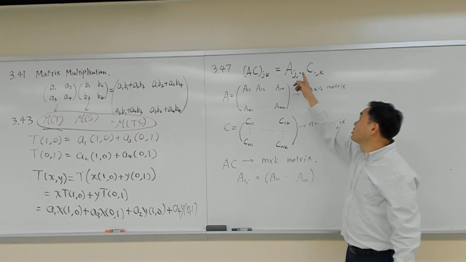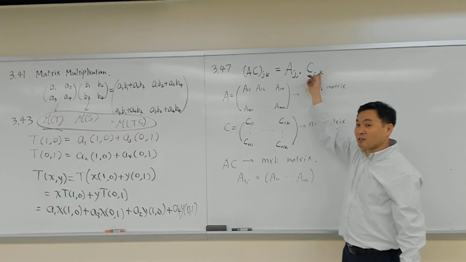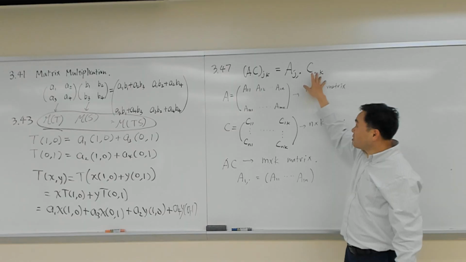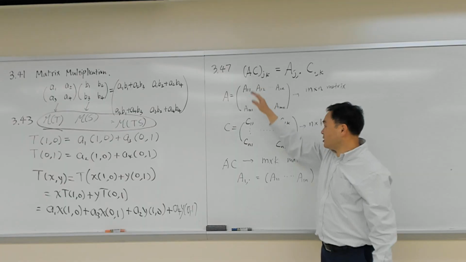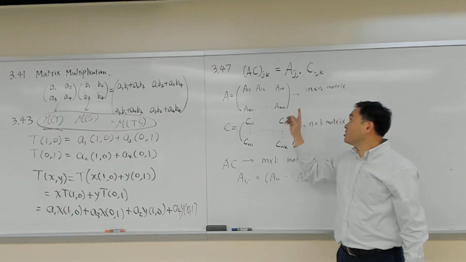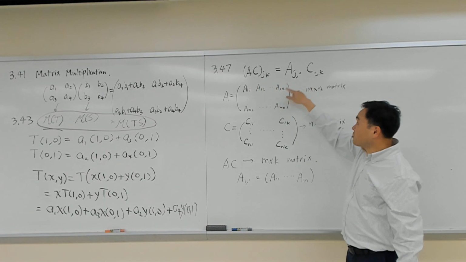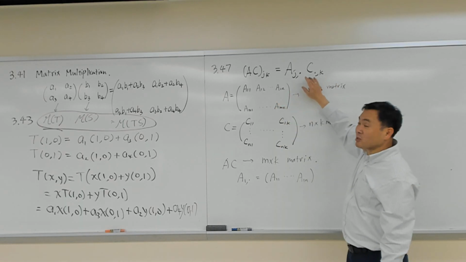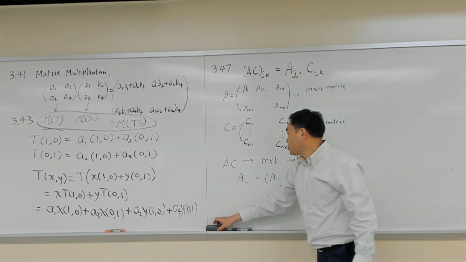In other words, you do component-wise multiplication and you add the result. So it's a dot product between these two matrices, and that result becomes the jth row, kth column element in the resulting matrix. So this will be an m by k matrix whose j comma kth element is given by the product of a row from the first matrix and a column from the second matrix. That's what this formula is saying. Is that okay? That's what 3.47 is saying.